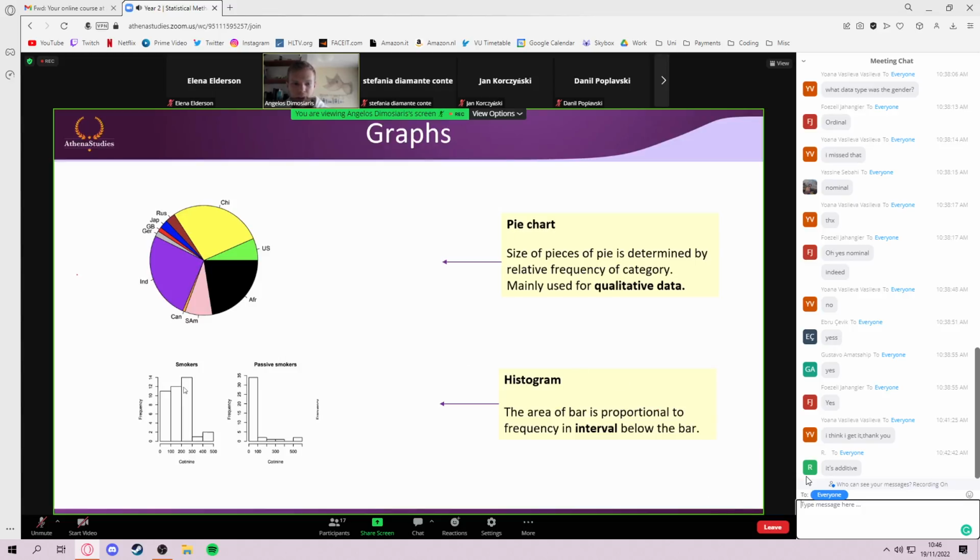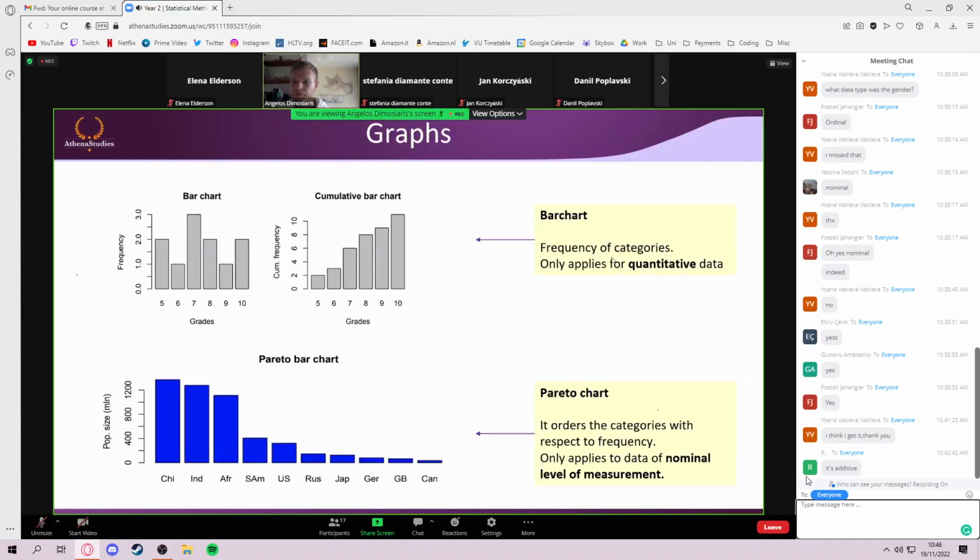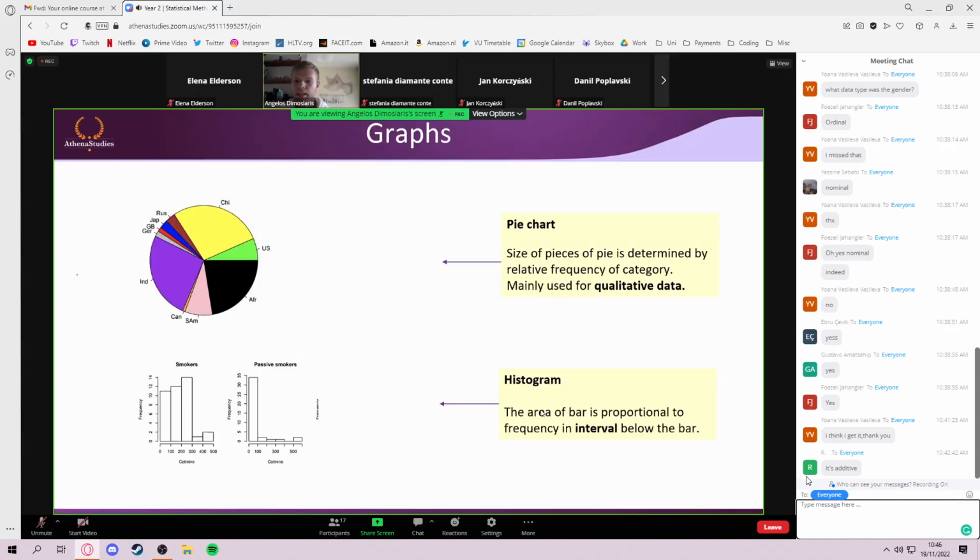So the histogram is the bar chart, but here we also measure frequency, just like before we did with bar charts. But now, instead of categories, we now have interval variables or ratio variables.